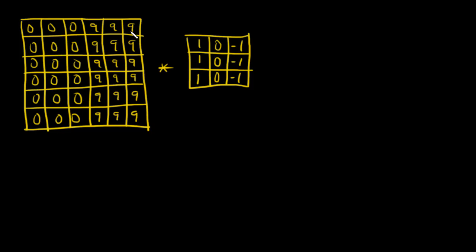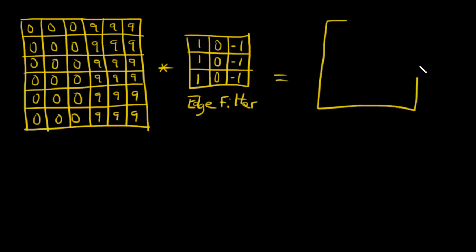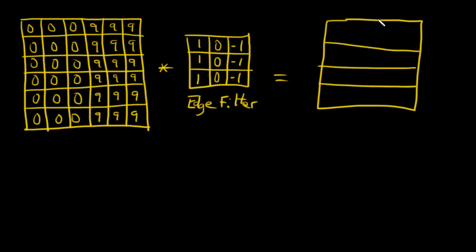So black pixels to white pixels, and I'm going to convolve it with the same edge filter. Edge, I can spell filter, there we go. And so that is going to give me, again, a 4x4. Fill that in, but now I'm going to get different values.